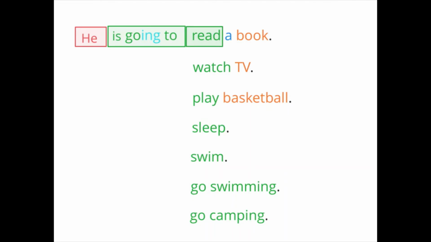He is going to read a newspaper, he is going to read a magazine, or he is going to read a book. So our whole verb in this type of sentence is going to read. Is going to read what? Is going to read a book. So this is the object of the sentence, and this is the whole verb.